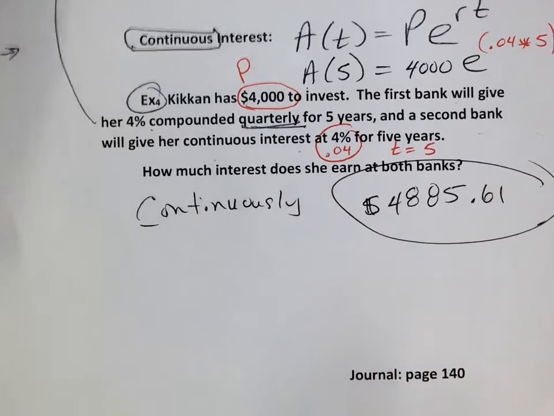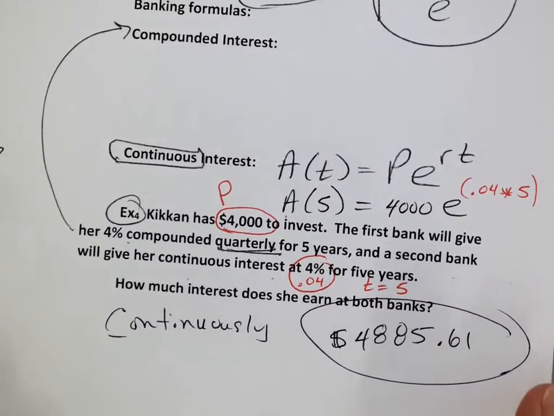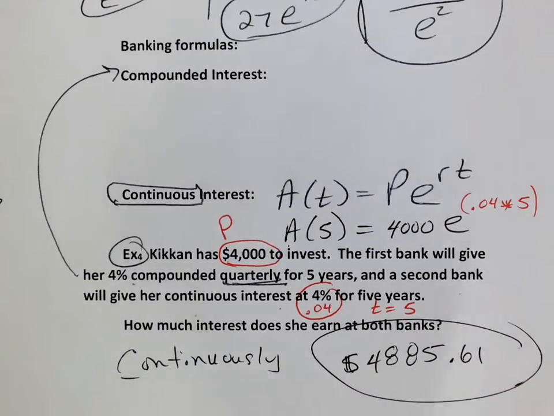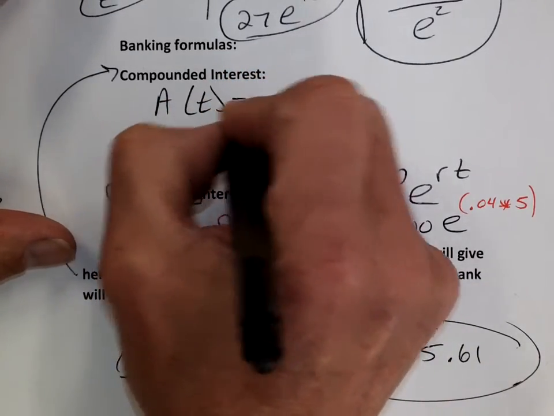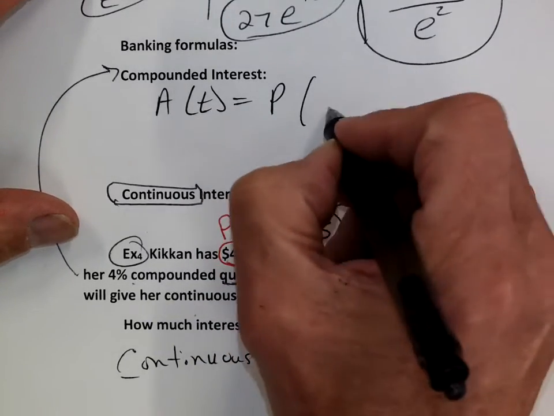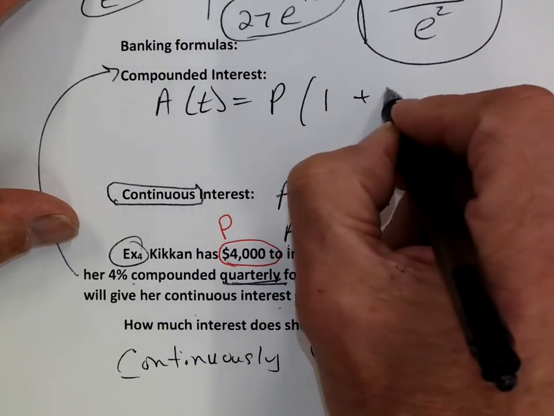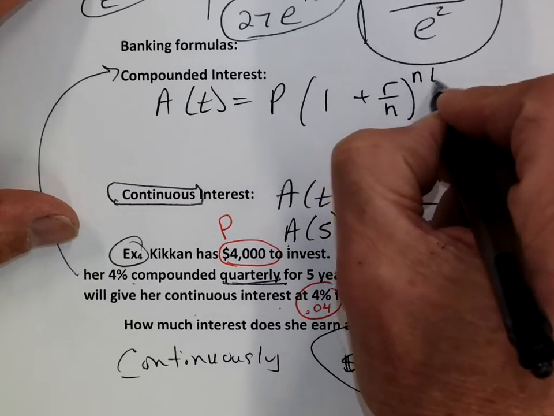Now, if they compound it quarterly, you need a different formula. If you only compound it 4 times a year, this is the other formula, and you need to know this one. A of t, amount over time, is equal to P times parentheses 1 plus r over n, to the nt power.